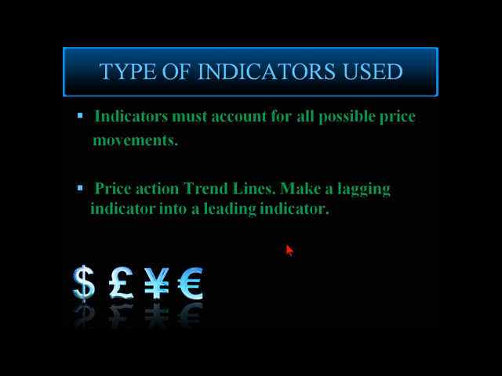Now, price action trend lines are helpful in trading, but they're obviously not the holy grail of trading that I was hoping for originally. Something else that is very important, particularly in intraday trading, is overbought, oversold detection.